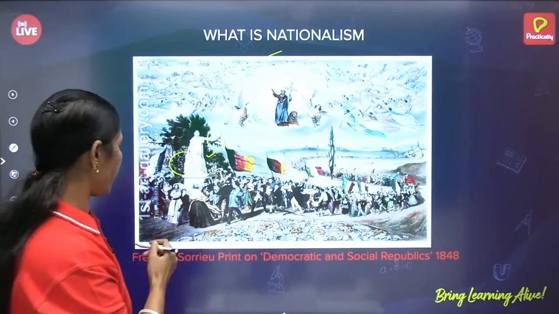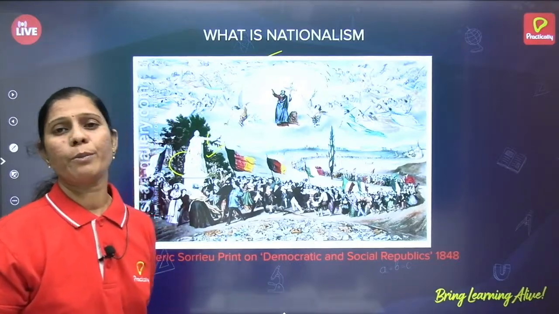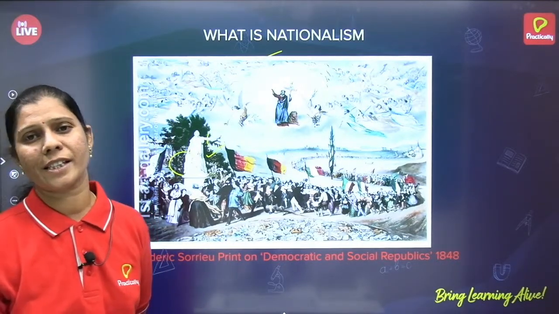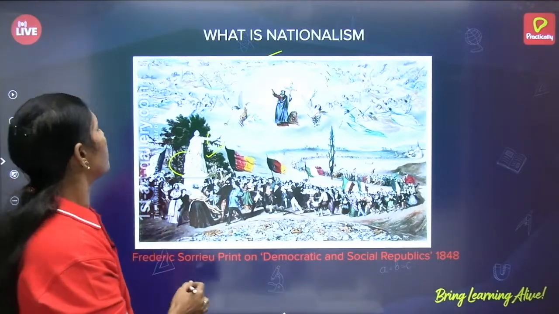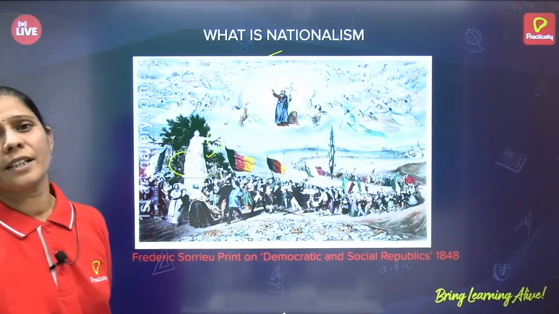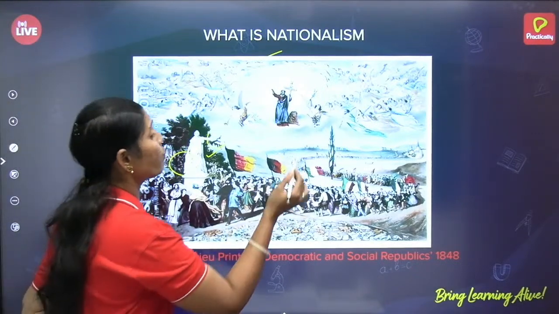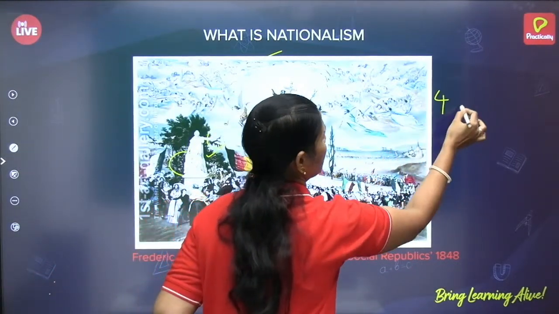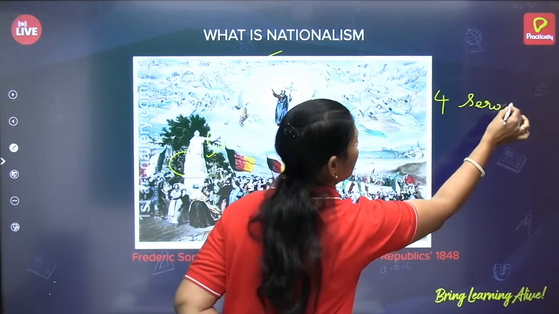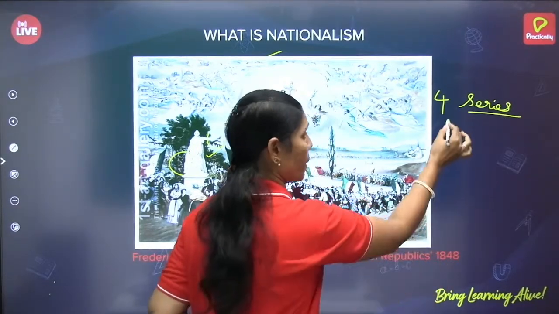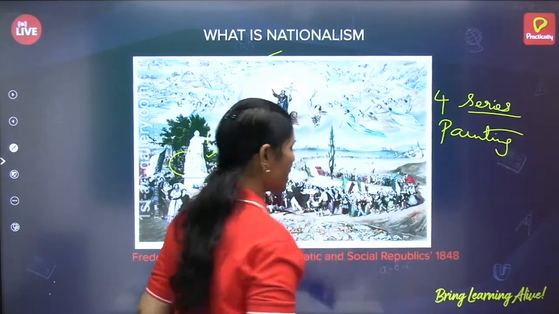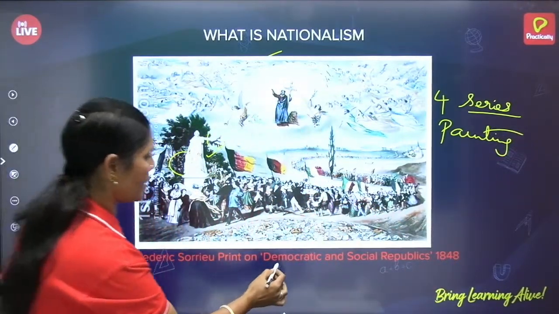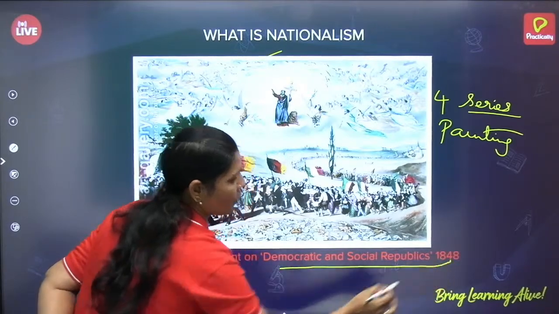For the NTSE, you especially need to focus on who painted this picture. It is one of a series of four paintings, and the painting's name is Democratic and Socialist Republic.